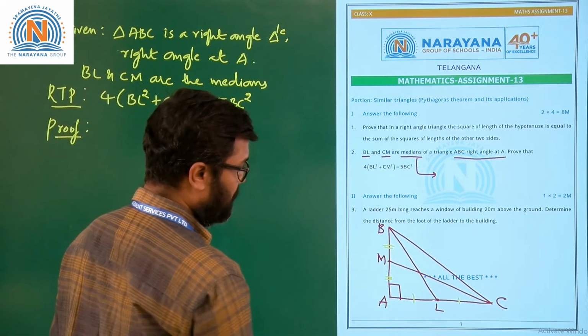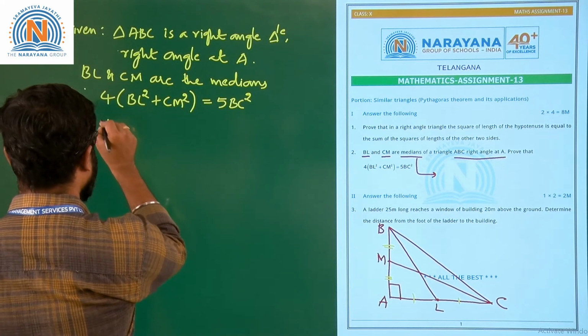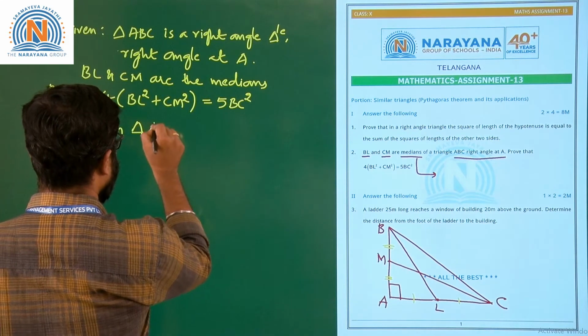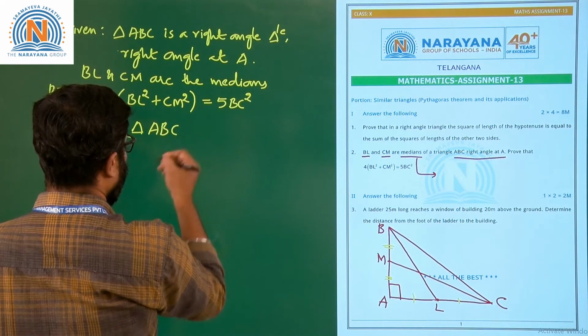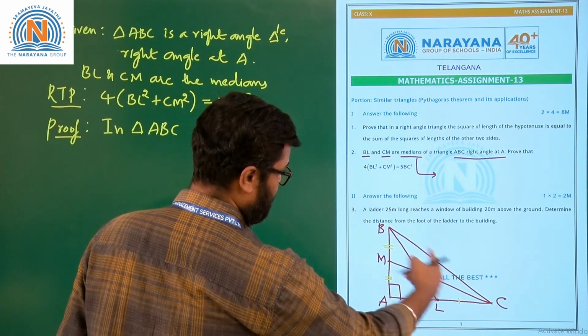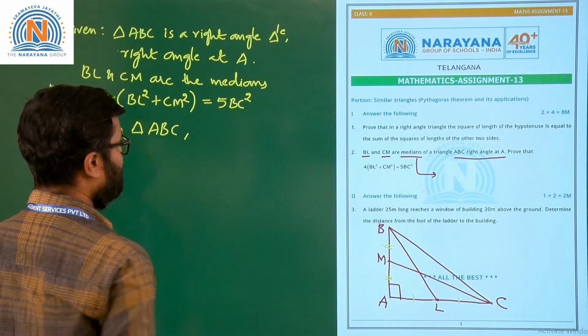See, children, in triangle ABC, this is the right angle triangle.